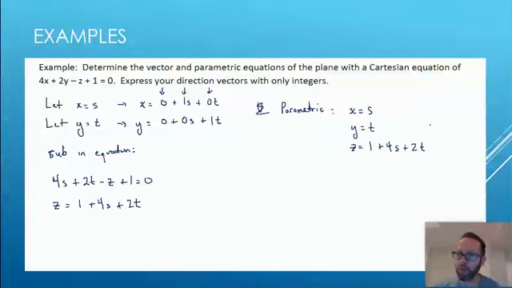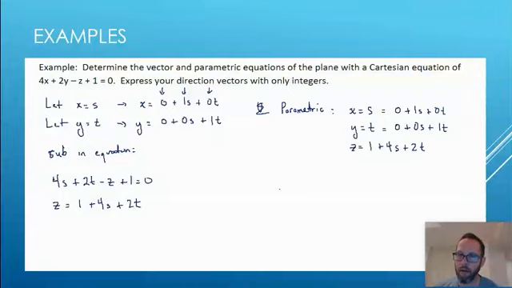Those are possible vector or parametric equations for a plane. Remember though, this s, another way to write that is just 0 plus 1s plus 0t. And t is like 0 plus 0s plus 1t. So check it out. A point on our plane is the point 0, 0, 1. One possible direction vector is 1, 0, 4. And another possible direction vector is 0, 1, 2.